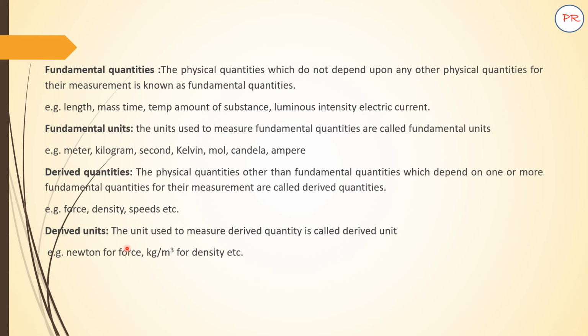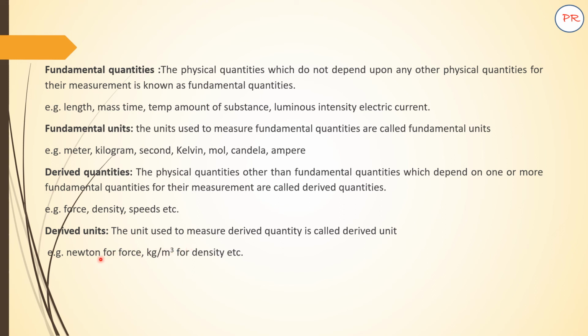Density. Density is nothing but mass divided by volume. So it depends upon mass as well as length. Speed. Speed is nothing but distance upon time. So again it depends upon length as well as time. So since it depends upon other quantities, it is called a derived quantity.